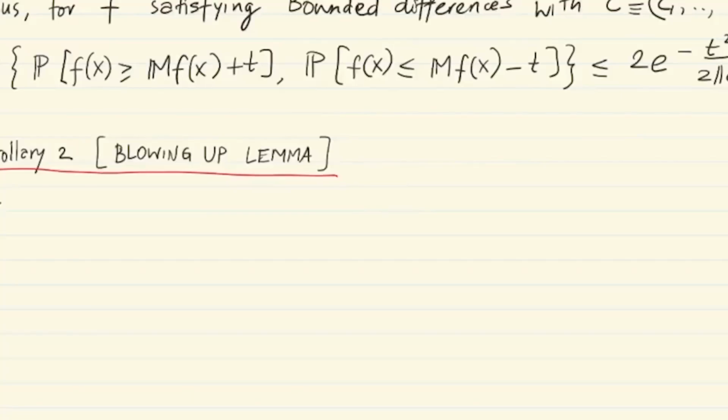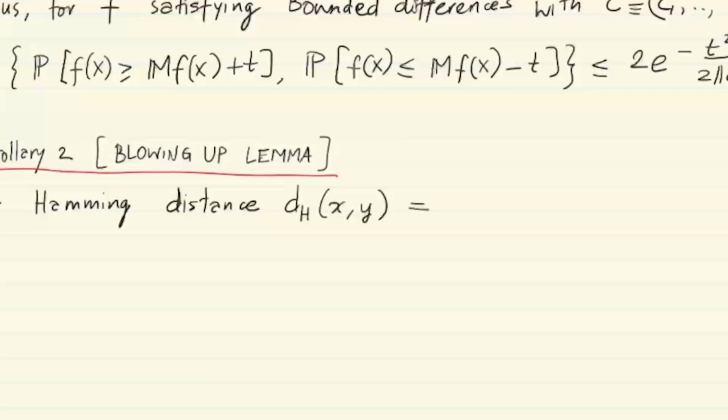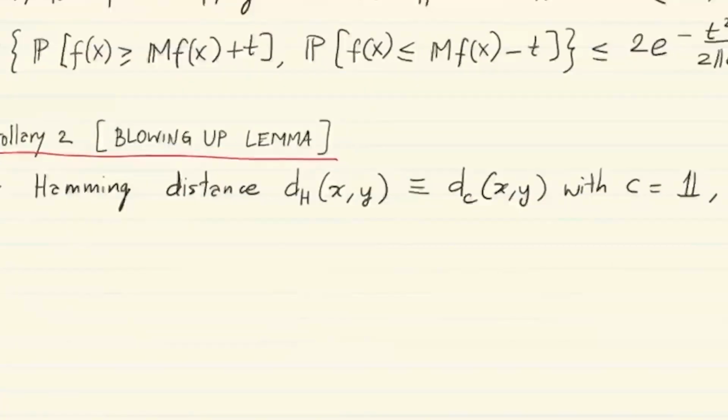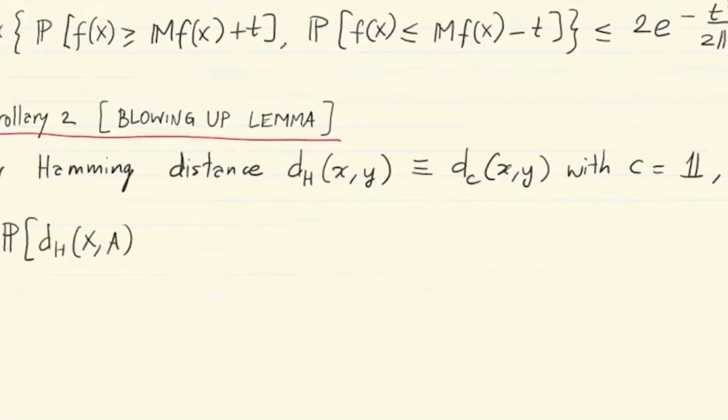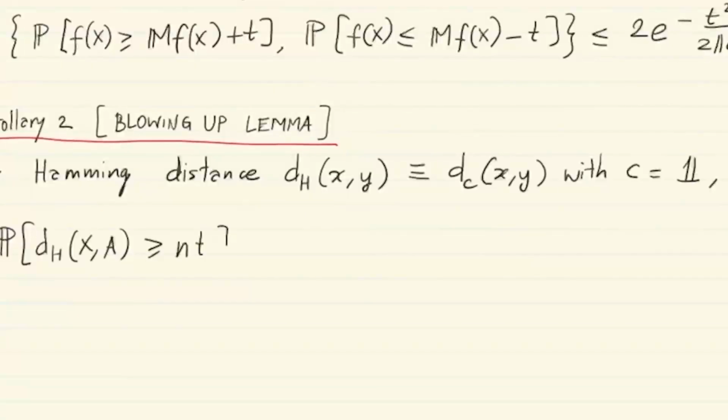So for Hamming distance dH(x, y), which is just Tc(x, y) with c equal to all ones, we have that the probability of dH(x, A) exceeding nt.